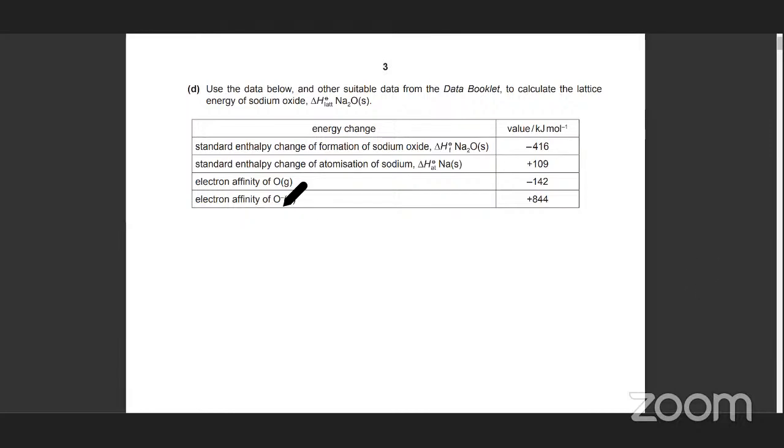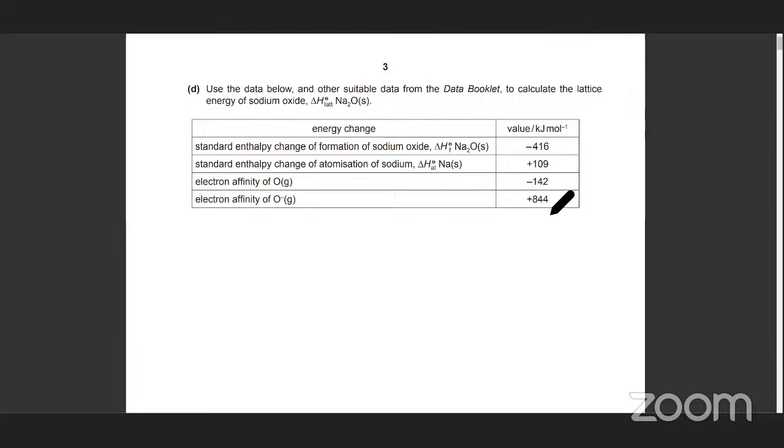Why? Because the ion is now already negative, and it's very hard for a negative ion to gain electrons. It's easy for the first electron to be gained because the atom is neutral, but it becomes very difficult when you're negatively charged. So the first is always negative, the rest are all positive.